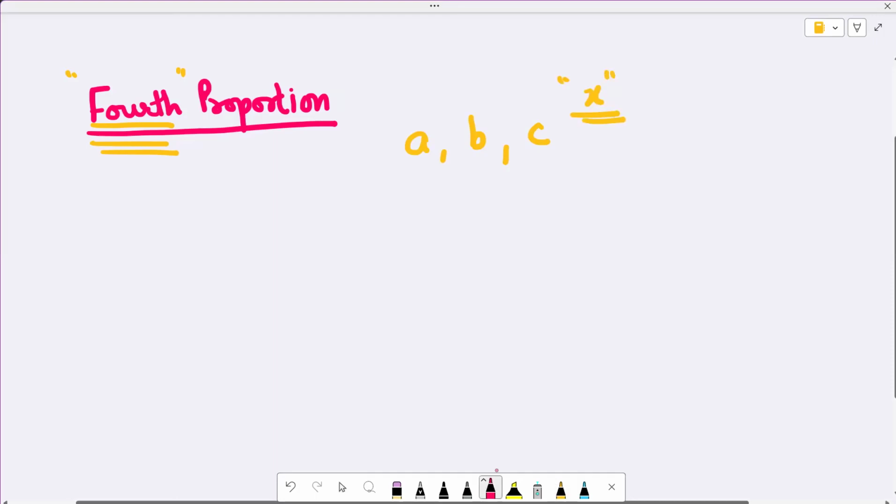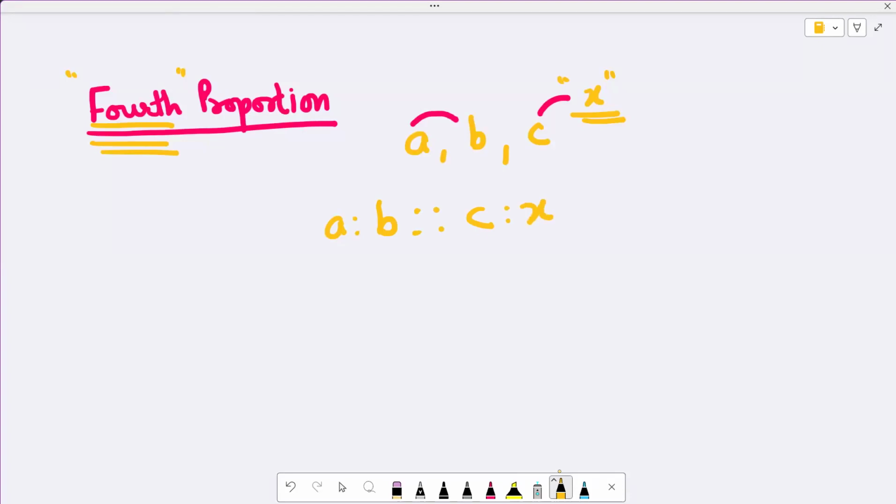So here what is important is the ratio that A has with B and C has with X. The ratio of A with B should be the same as the ratio of C with X. In very simple words, when I write it in this form, A ratio B should be in proportion with C ratio X. Very simple meaning, the ratio of A with B should be equal to C ratio to X, in line with it.